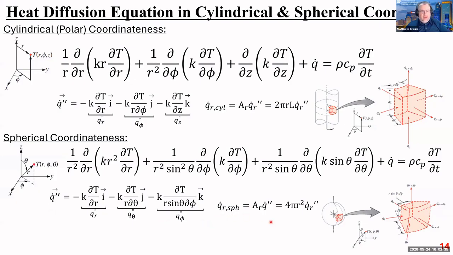And then if you wanted to get the total heat transfer rate out of the surface of the sphere, you would just take the heat flux at r, which is the edge of the sphere, the radius of the sphere, and multiply that by the area, the surface area of the sphere, 4 pi r squared, and that gives you the total heat transfer rate out of the surface of the sphere, right?